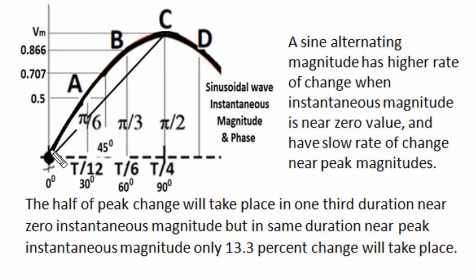So we can say this sinusoidal variation is not a linear variation. Its rate of change got a higher rate near zero cross, and rate of change becomes smaller near peak magnitudes. Near zero, when rate of change is higher, half of peak value will be achieved in just 1/3 duration, whereas in the same 1/3 duration near peak only 13.3% value change will take place.